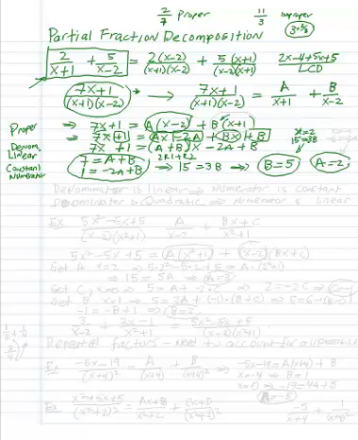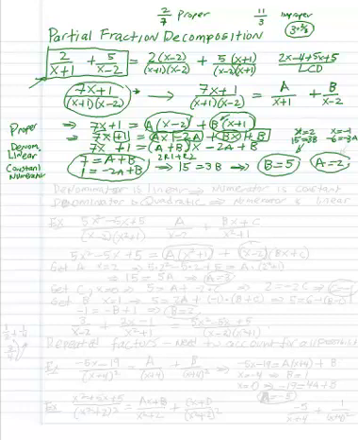And if I do the same for the second factor, it goes to 0 when x is equal to negative 1. So if I substitute negative 1 into that equation, I get 7 times negative 1 is negative 7 plus 1 is negative 6. And on the other side, I get negative 1 minus 2 is negative 3a.